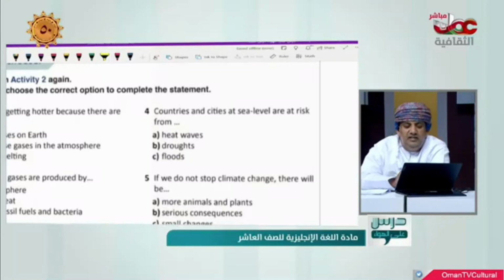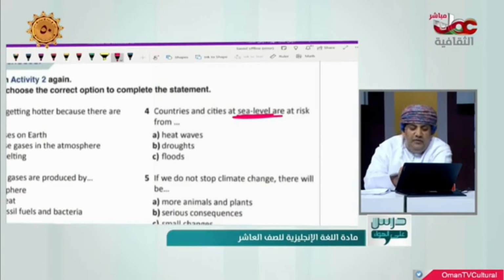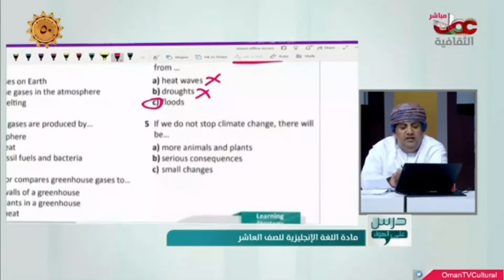Okay, now let's look to number 4. Countries and cities at sea level. So he's talking about the sea level, water. So are at risk from heat waves, or droughts, or floods. So heat waves is not correct. Droughts is not correct because the dry place. The best answer is floods. Okay. Number 5.